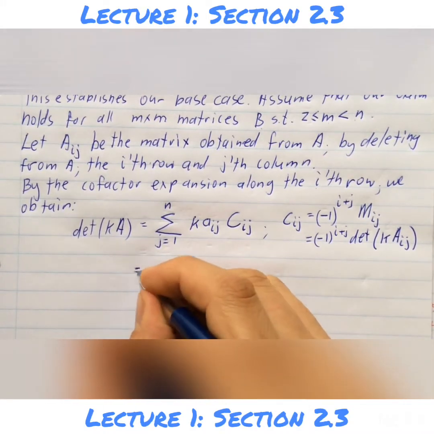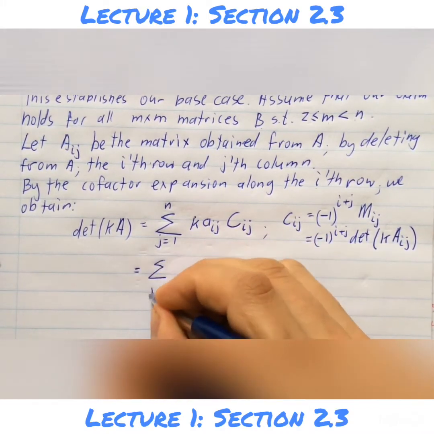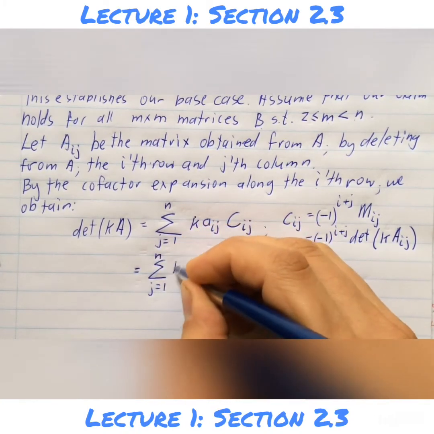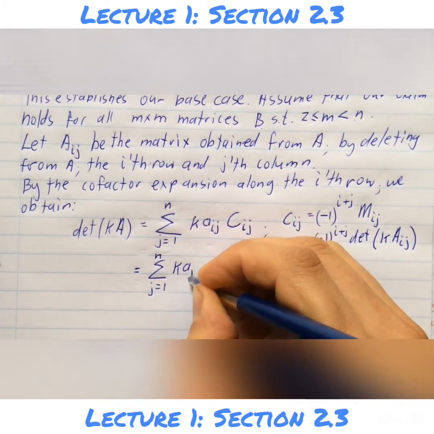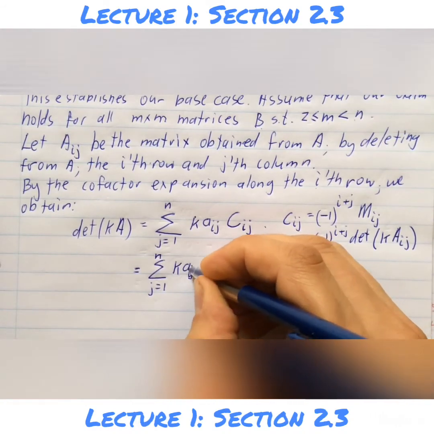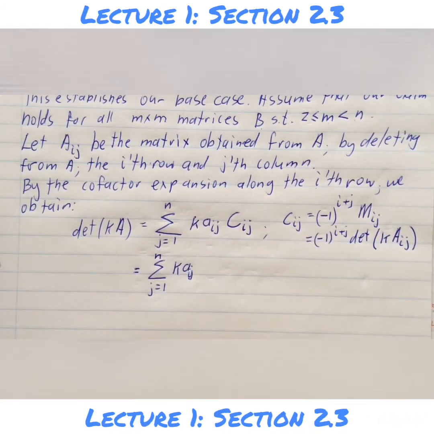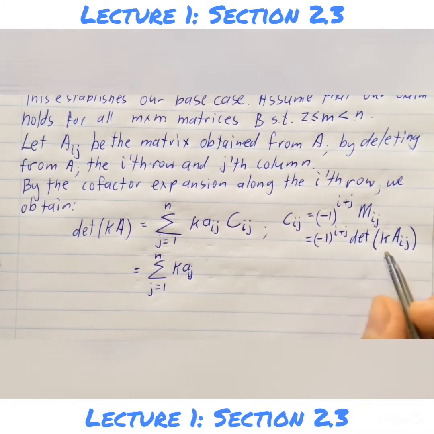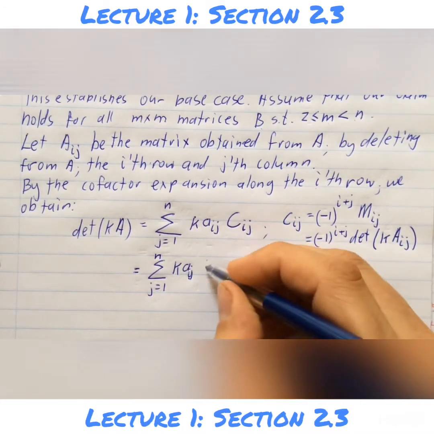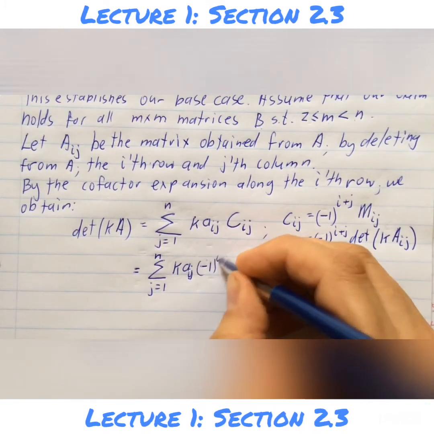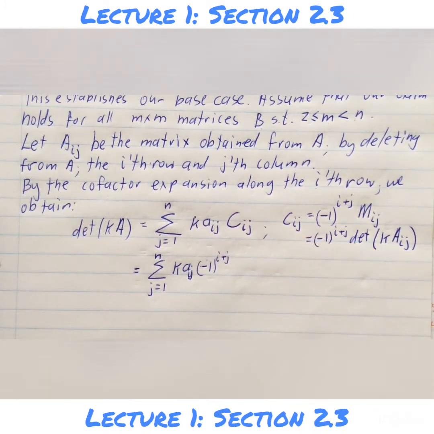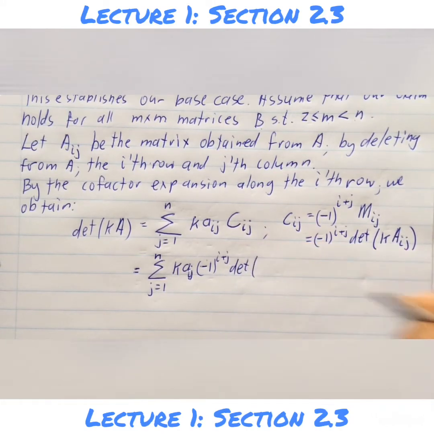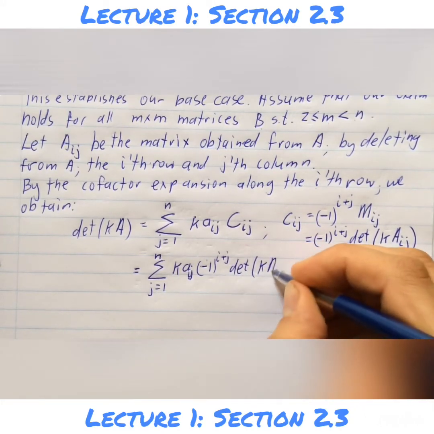We are left with the sum, j runs from 1 to n, of the scalar Aij multiplied by Cij, which is minus 1 to the power i plus j, multiplied by the determinant of the matrix K times Aij.